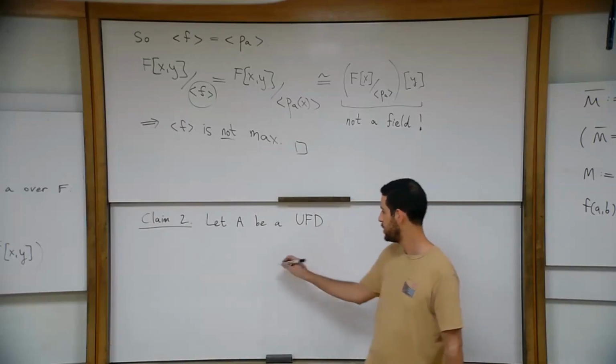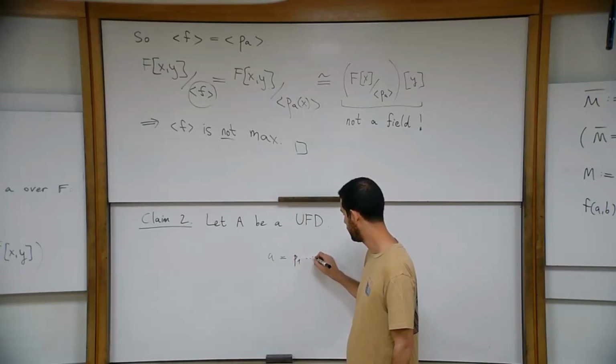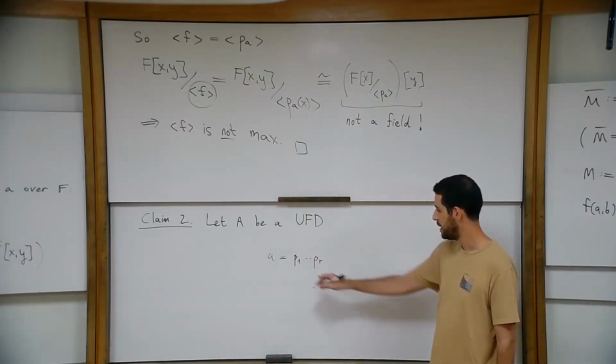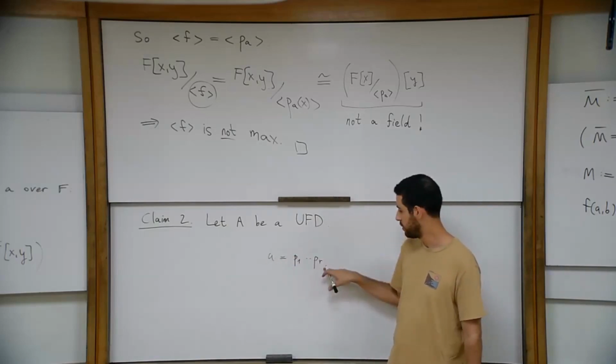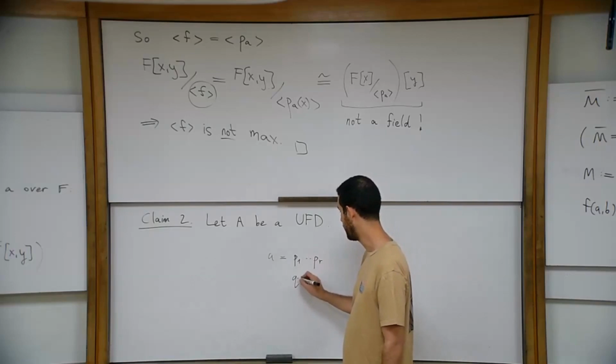It's a domain in which every element A can be factored into irreducible elements. Every element is a product of some irreducible elements, essentially in a unique way.